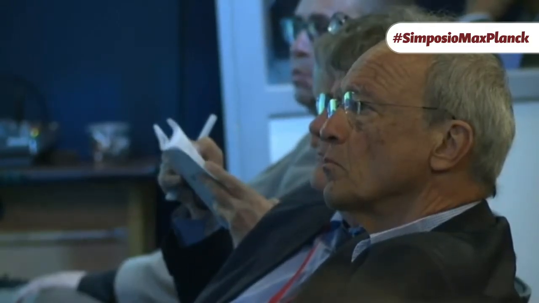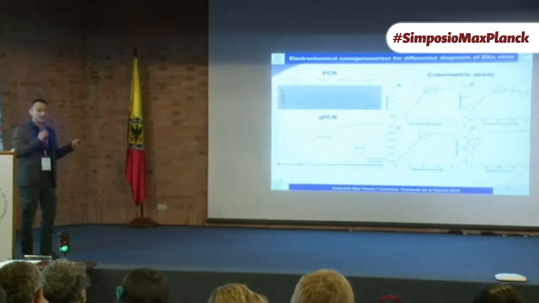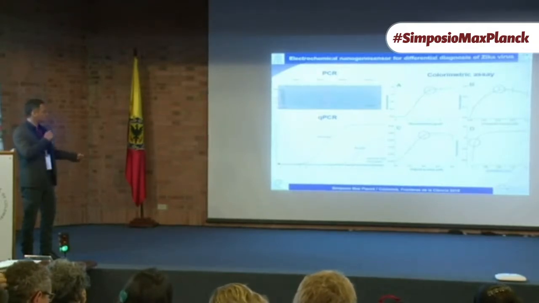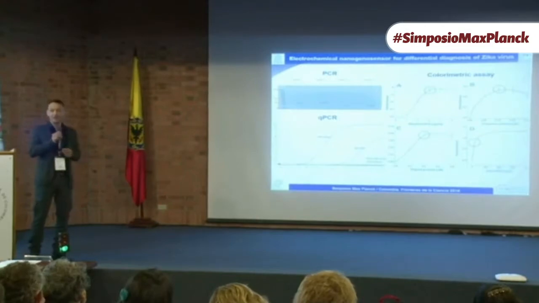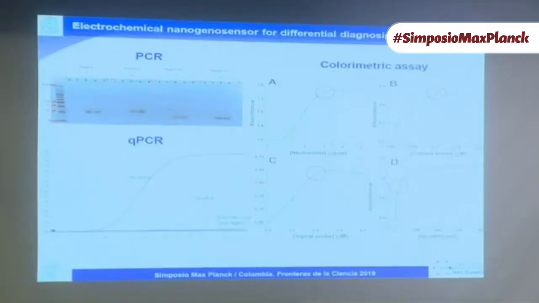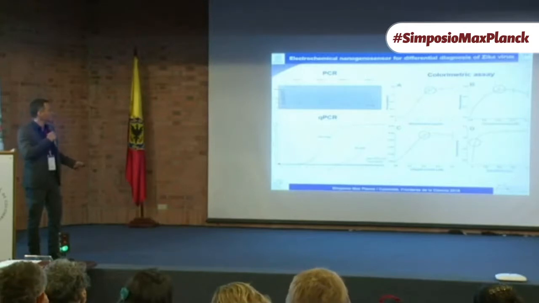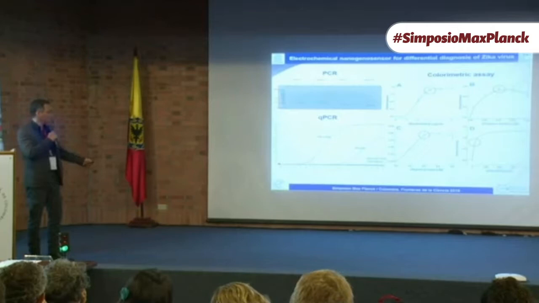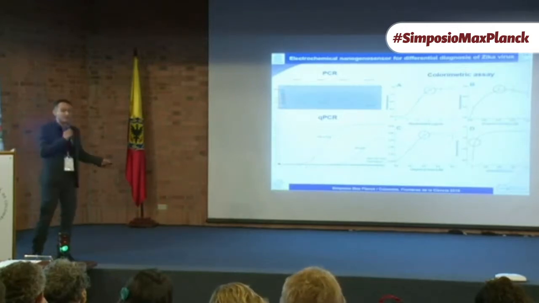After we design the primers and the capture and signal probes, we need to double check that the primers amplify the target. So we did this by PCR and qPCR. As you can see here, the signals correspond to amplification of Zika virus, and with the negative controls, no amplification for dengue and chikungunya. Once we double checked the primers are working, we moved to the assembly of the genosensors in a colorimetric assay.